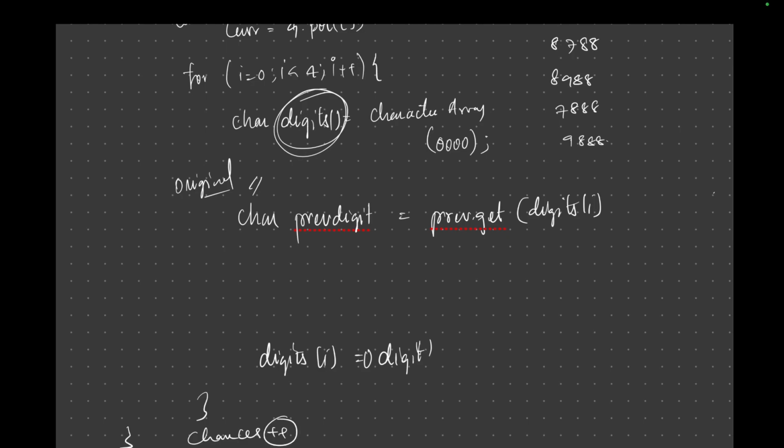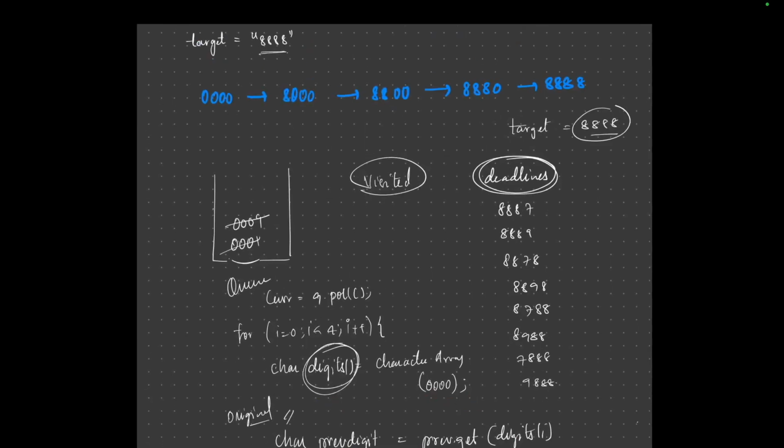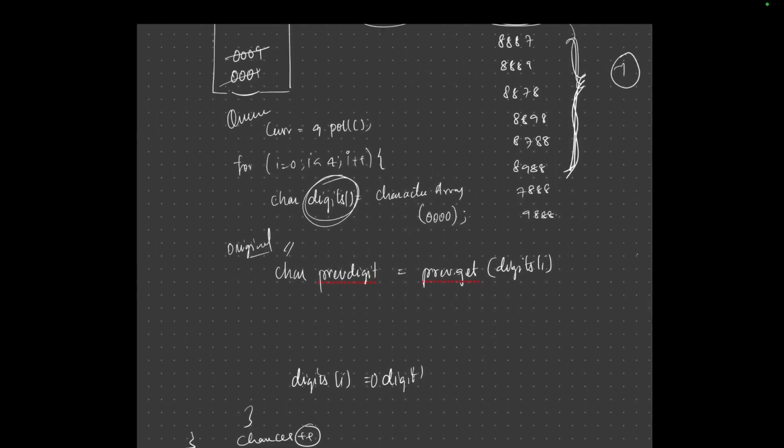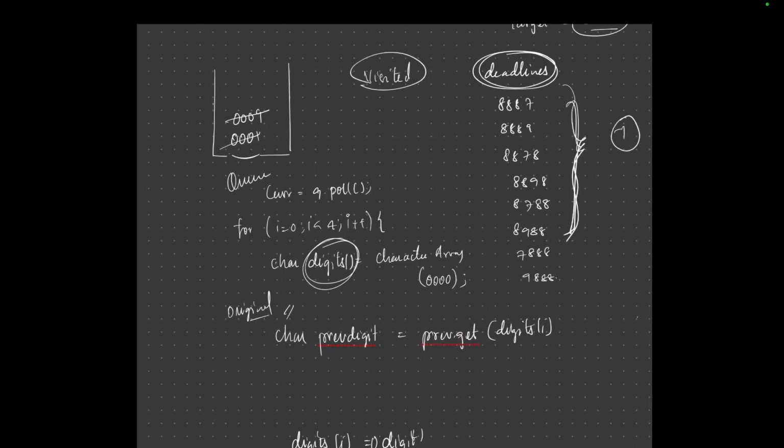At the end you will return minus 1. You go on doing this until you reach your target. If it is never encountered, you will return minus 1. That condition will be after the queue is empty, which is what we do in the traditional BFS.